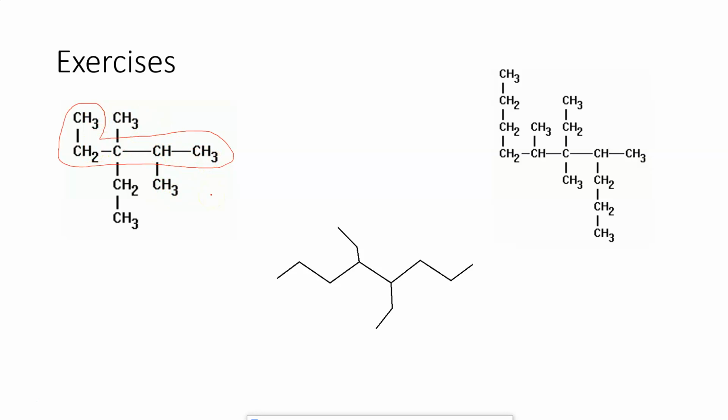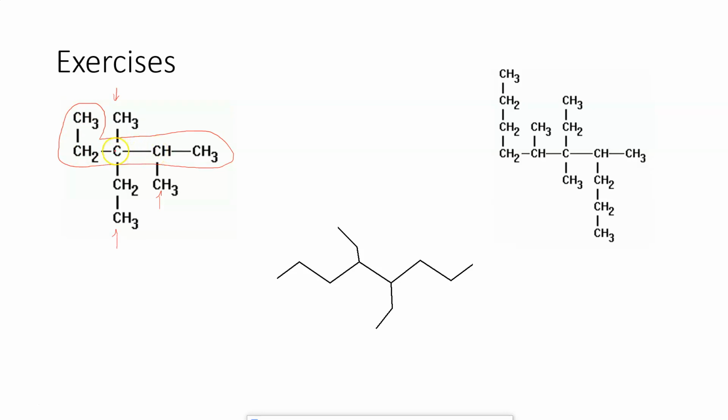Then step 2, I have to start counting the carbons in my chain, assigning number 1 to the carbon that produces the smallest numbers for the attached groups. So this is an attached group, this is an attached group, this is an attached group. If I start from this carbon, the first attached group is in carbon number 1, 2, 3, 4.